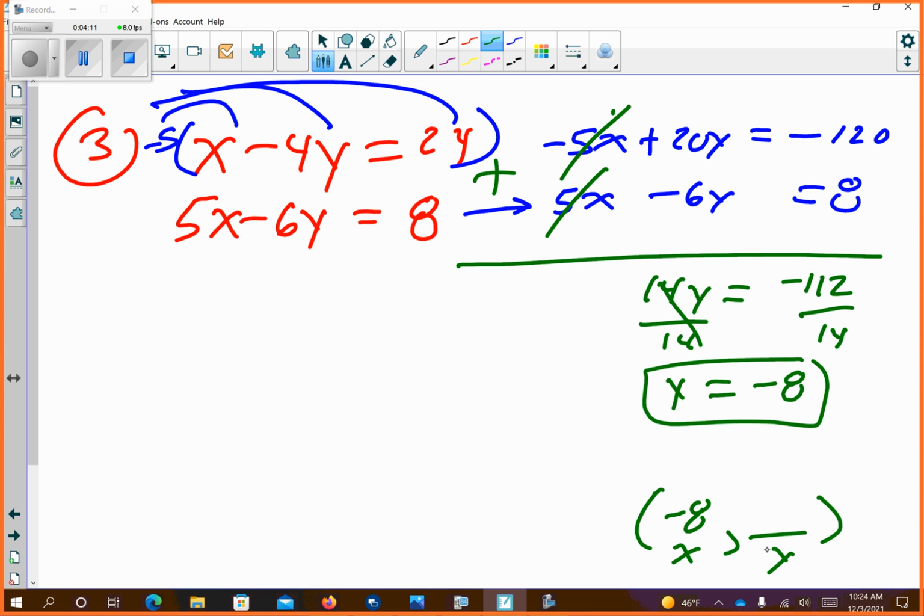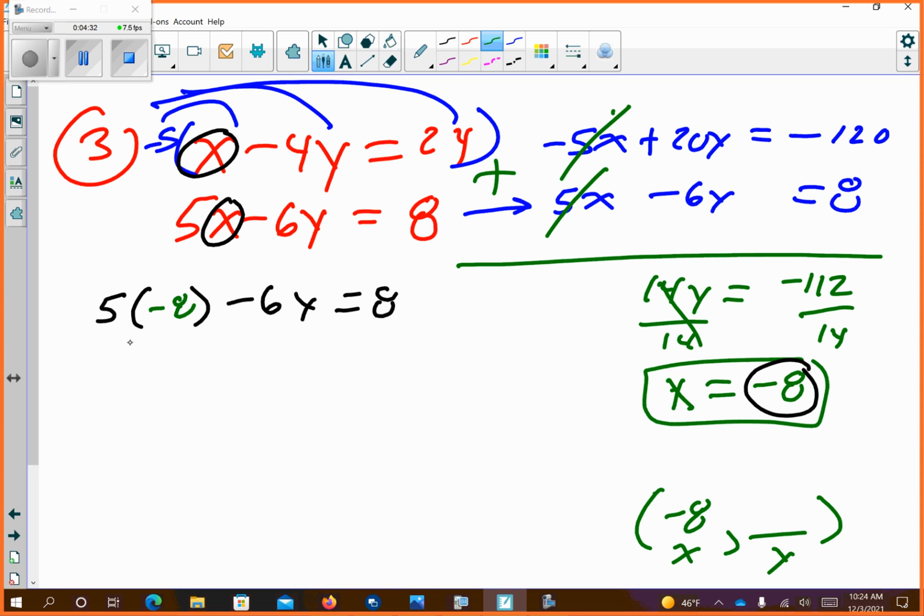I now need to find my y value. So what should I do with this x value? Yeah, I'm going to plug in negative 8 either to this top one or this bottom one. Which one you like? Bottom? Okay. So there was an x there. Now it's parentheses. What am I going to put where those parentheses are? Negative 8. Multiply here.